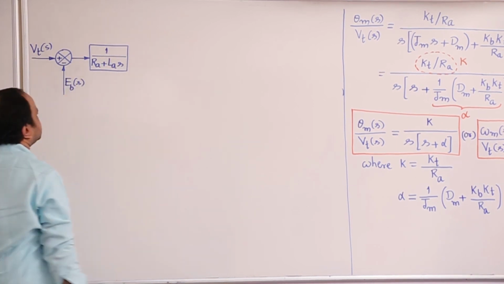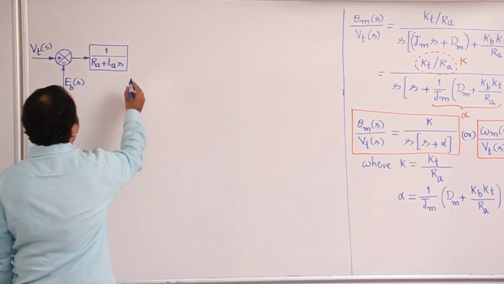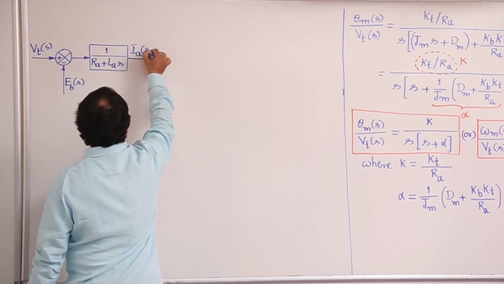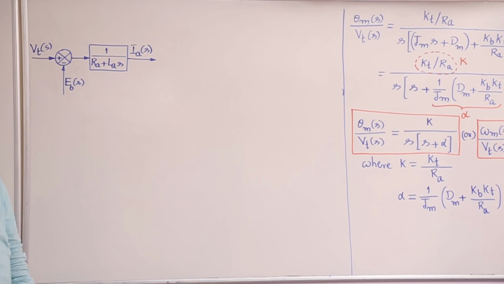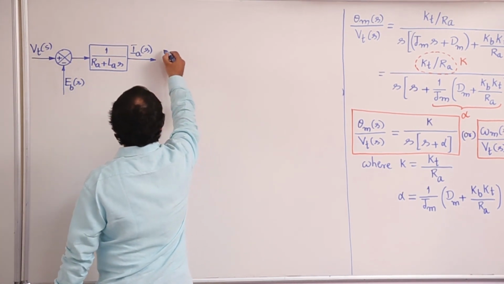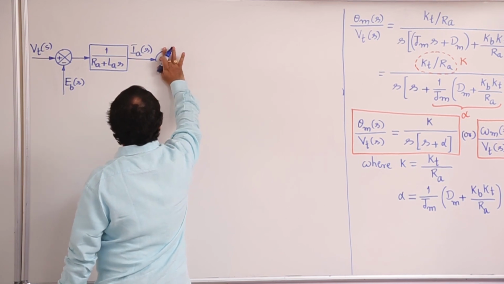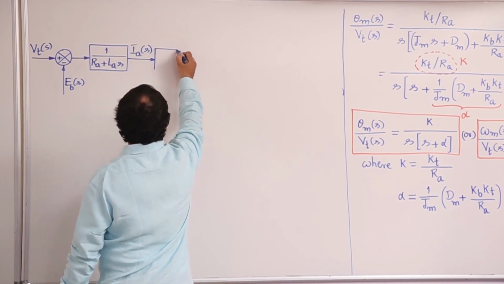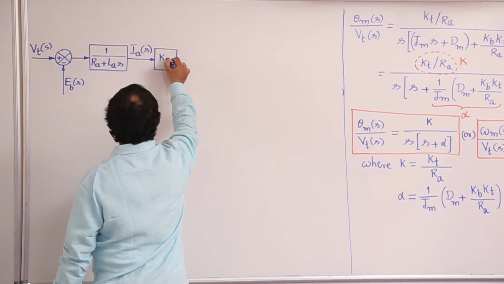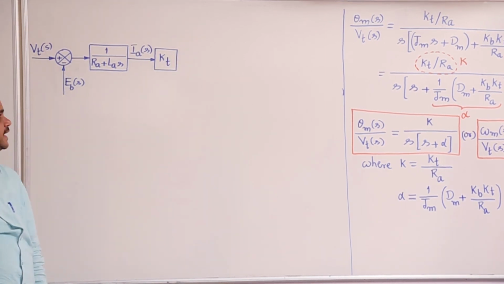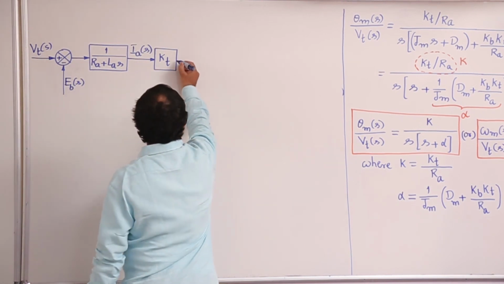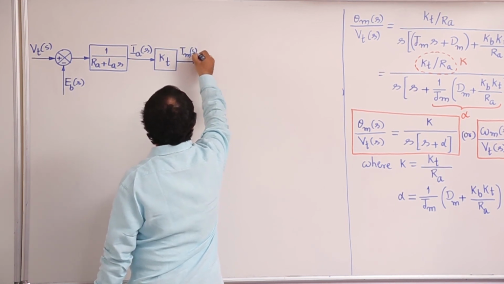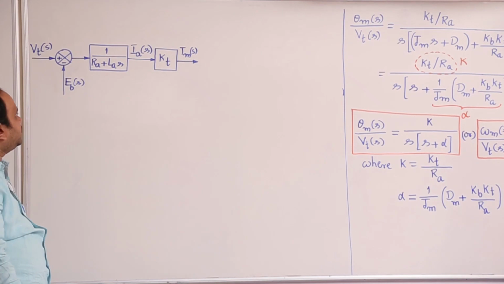By dividing this difference with Ra plus La into S, we will get the armature current, that is Ia of S, and this Ia of S is multiplied with the torque constant Kt, then we will get Tm of S, the torque developed by the motor.